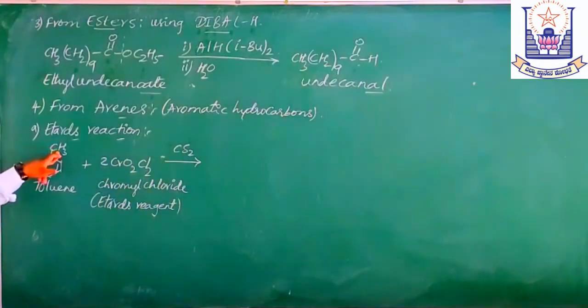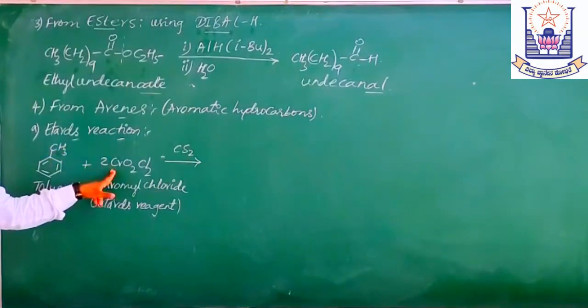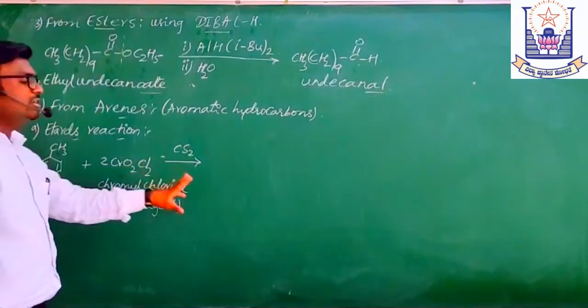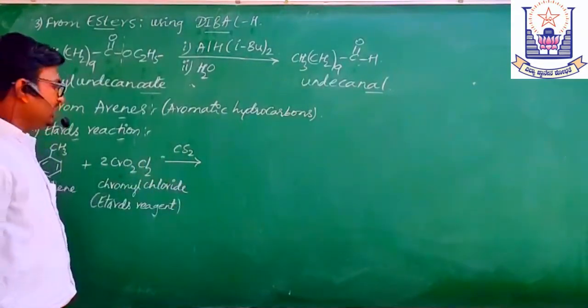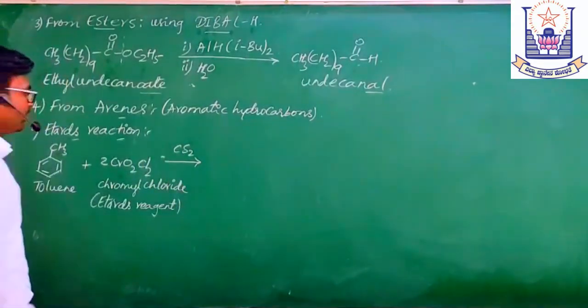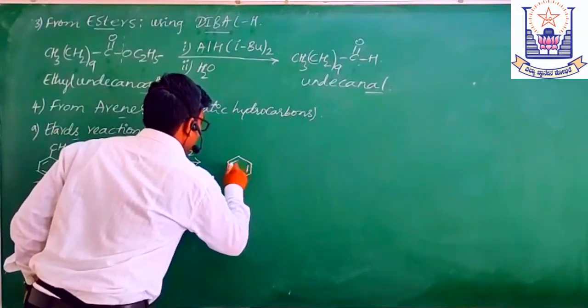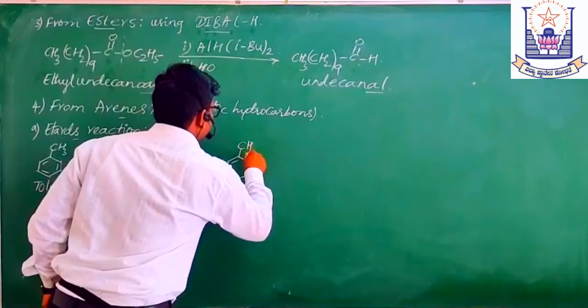So here this carbon of the open chain will be oxidized. This is the oxidizing agent. And it will give a chromium complex. It is brown in color. Like this, CH.